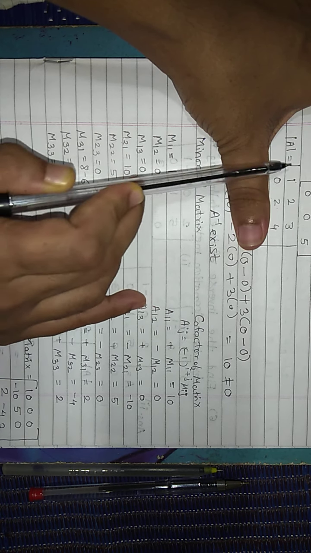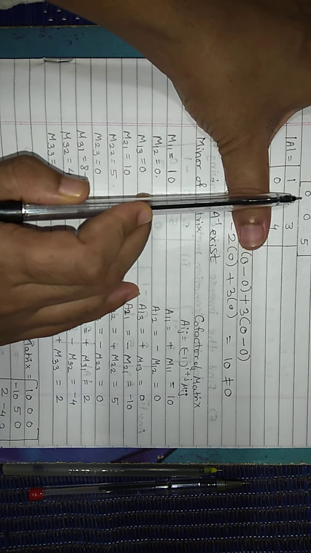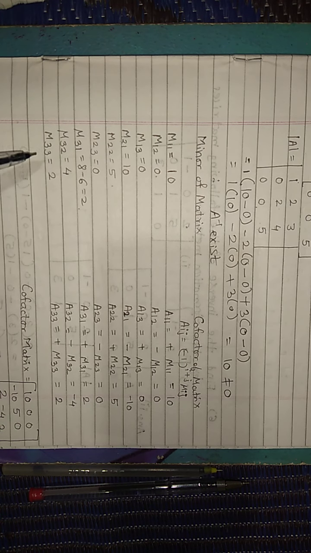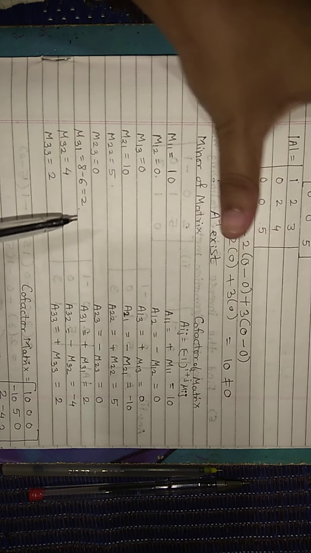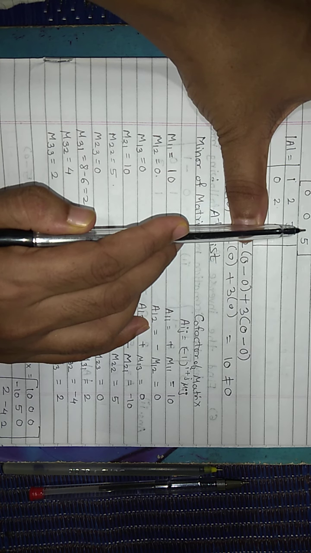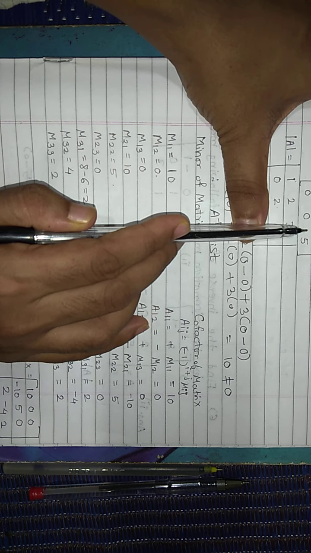So 1 into 4 is 4 and 0 into 3 is 0. So 4 minus 0 is equal to 4. M33: remove the third row and third column. The remaining determinant is 1, 2, 0, 2. Cross multiply: 2 into 1, 2, minus 0 into 2, 0. So 2 minus 0, 2.